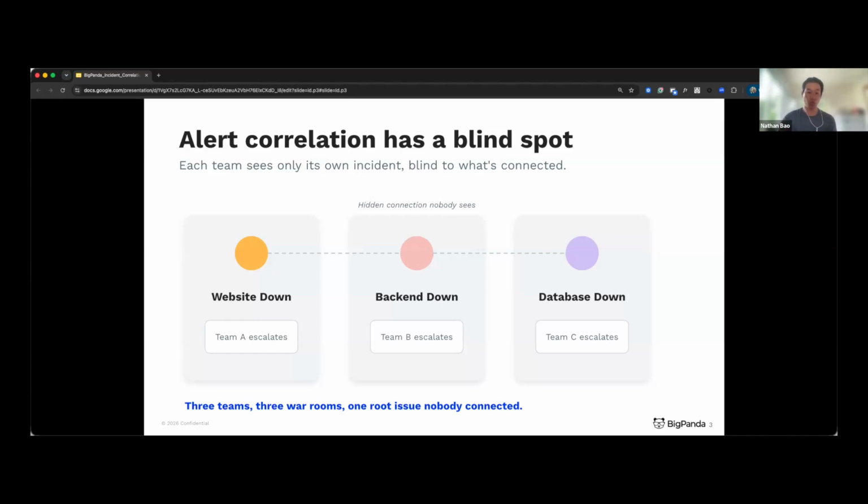Tal, can you explain to us what incident correlation is and how it addresses the challenges that we just spoke about? Yeah, so think about it as when you get alerts that get deduplicated into incidents. We have customers that have millions of alerts coming in that are being deduplicated into a small amount of incidents.